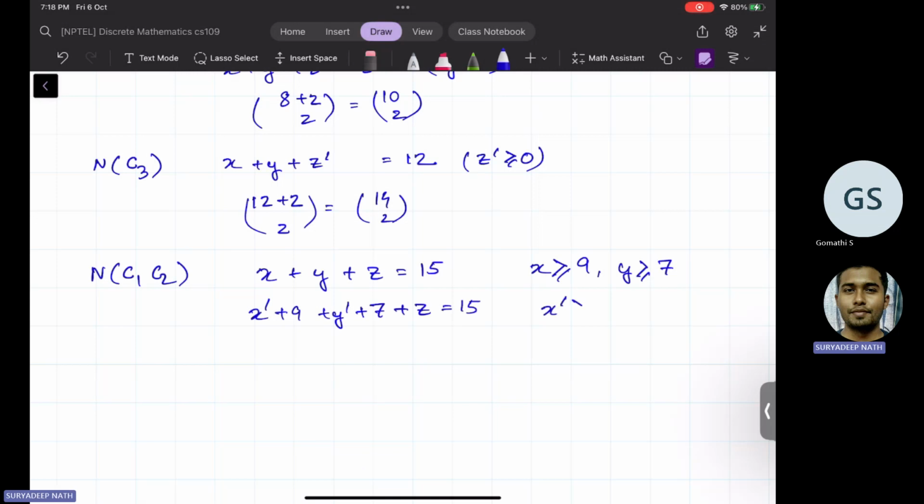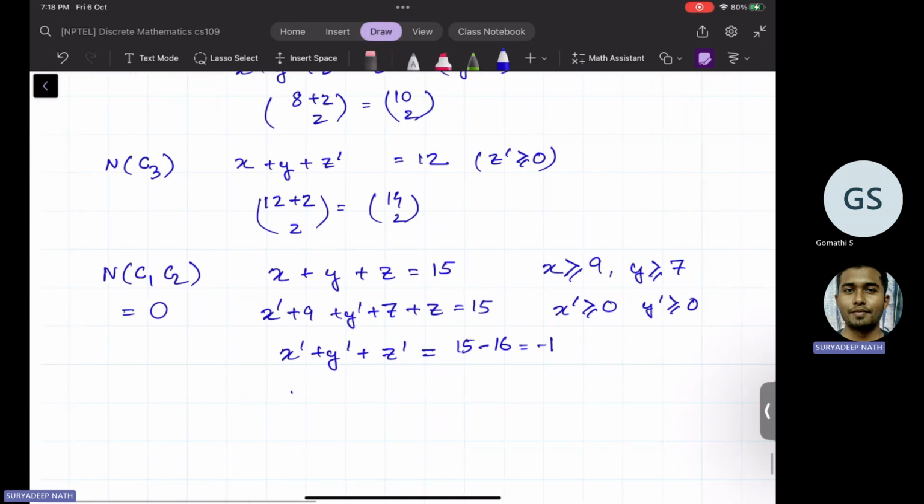So here x bar greater than or equal to 0, y bar greater than or equal to 0, and z is already greater than or equal to 0. So that gives us x bar plus y bar plus z should be 15 minus 16, which is minus 1. But since we are considering all of them to be non-negative, this N(C1, C2) would turn out to be 0 eventually, because the sum of non-negative integers cannot be negative.